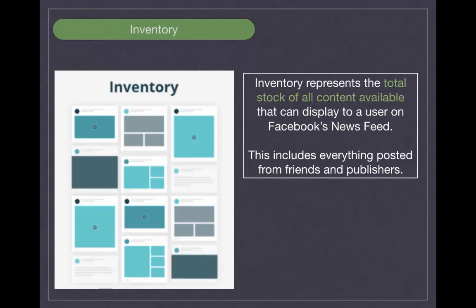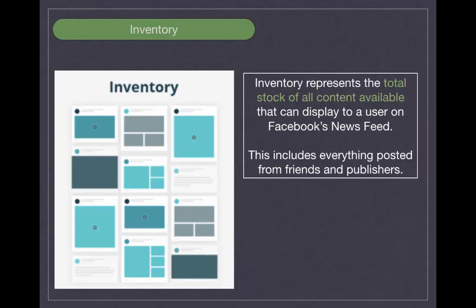Inventory represents the total stock of all the content available that can be displayed to a user on the Facebook news feed. So for example, in my news feed, what kind of content can I see? I can see content from my friends, family, celebrities I am following, and some businesses are targeting me also.